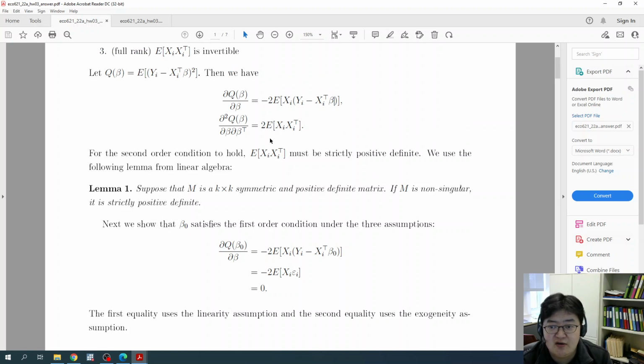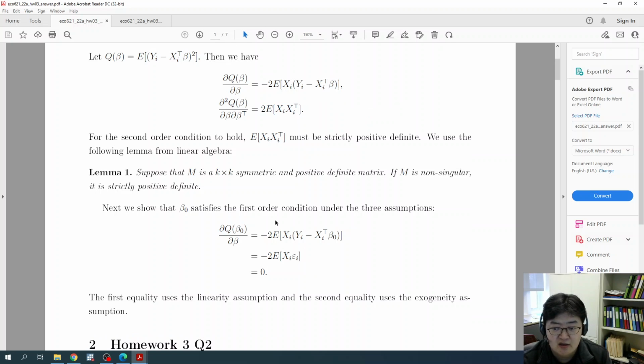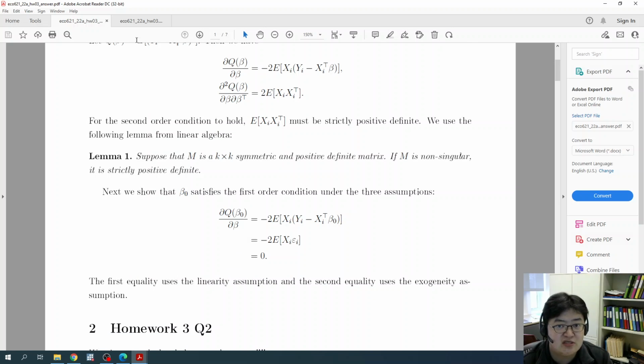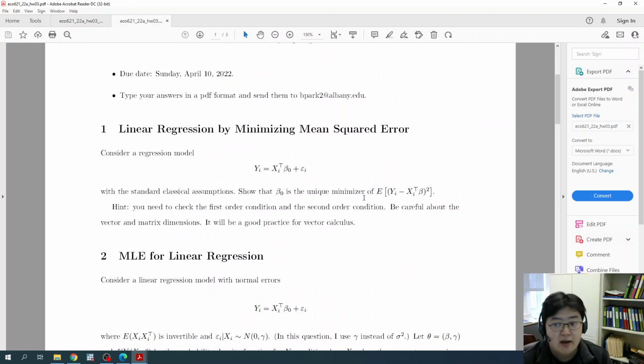As you can see, I used the full rank assumption for the second order condition and the other two assumptions to check the first order condition. This is how we approach this problem, and now you may see why we need to show this. Based on this, we can develop the least squares estimator.